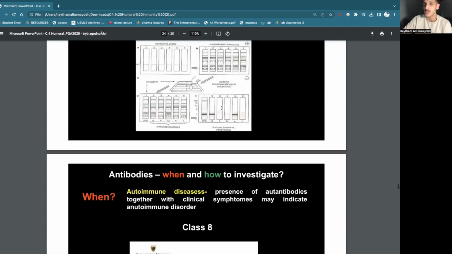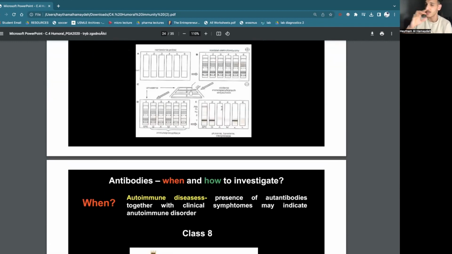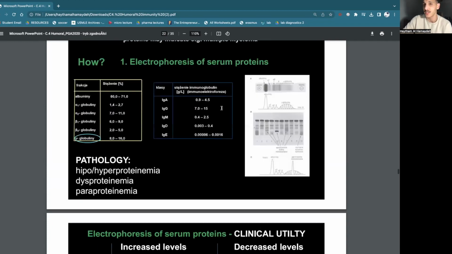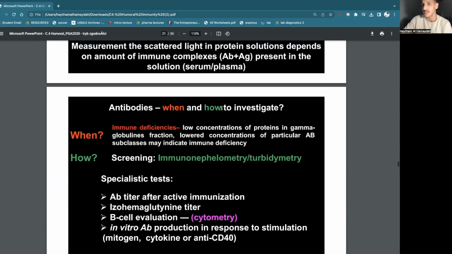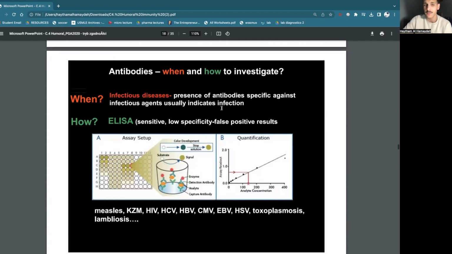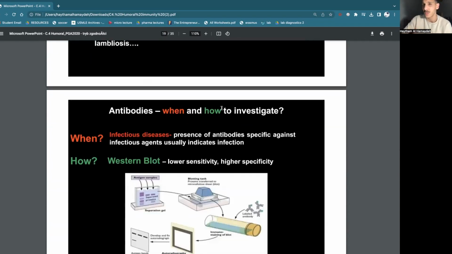In all of those cases, we are curious if the antibodies are present or not. Different cases have different tests that we can use to detect the presence of antibodies. First one, infectious diseases: we can either use ELISA or a Western blot, and those two can tell us whether the antibody is present during an infectious disease.